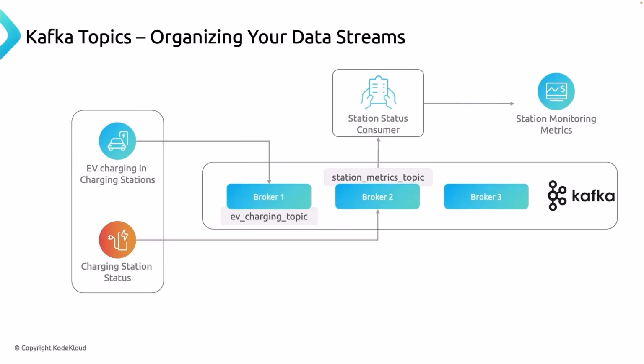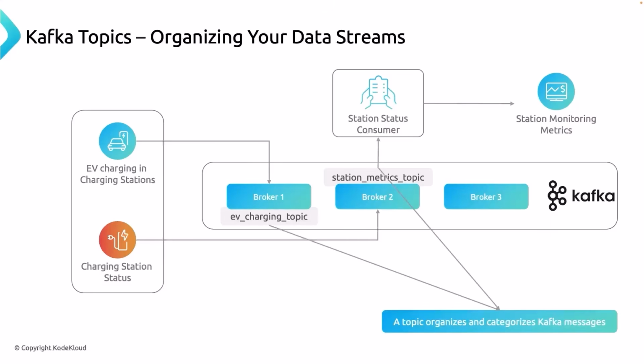As we can see from this example, the EV charging station is sending all the events to a topic called EV_charging_topic. And the charging station is sending all the events to a topic called station_metrics_topic. Hence, a topic is a logical way of organizing and categorizing the Kafka messages.